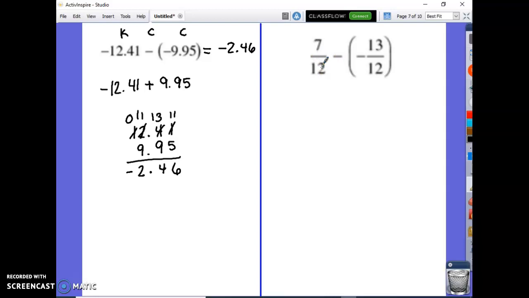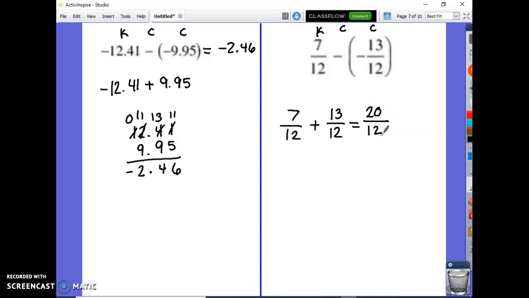Okay, subtracting fractions with common denominators. We're going to do the same thing. Keep, change. Keep that 7/12 the same. Change that subtraction to an addition. Change that negative fraction to a positive, so that's going to be 13 over 12. We have common denominators, so all we have to do is add the numerator. 7 plus 13 is 20 over 12.